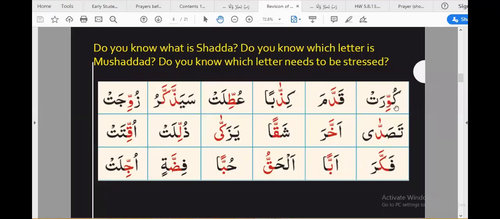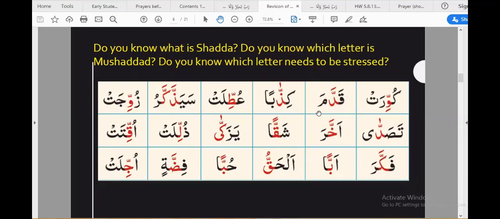Let's do this example. Can you read this example for me now? Kuwirat. Excellent, well done. So you're joining the kaf to the waw mushaddad. So you stressed on that, and then you read the rest really nicely as well. Let's do the next one.